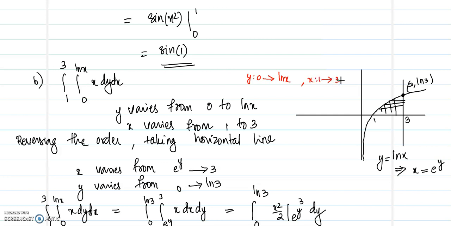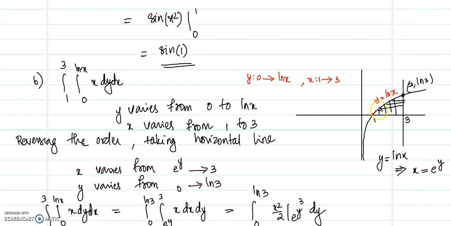So let us sketch the curves. Now y equal to ln x, this will be the graph. It will be defined when x is greater than 0. ln of 1 will be 0. So here it will intersect and it will keep on increasing. So this is the graph of y equal to ln x.